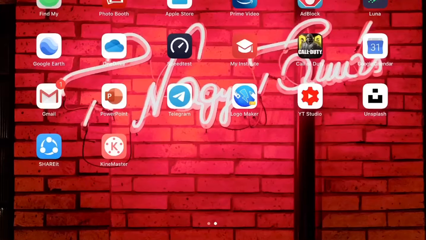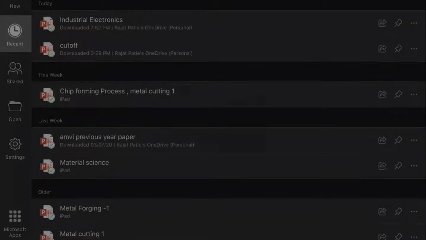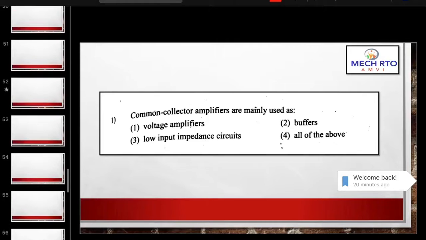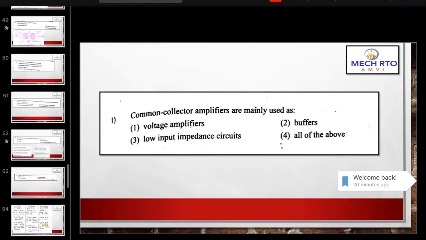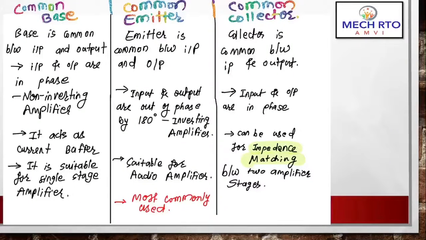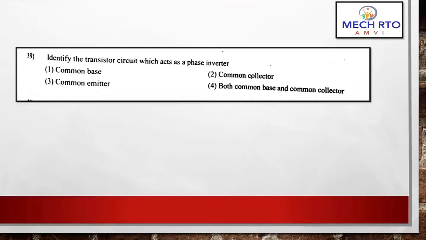So as you can see here, the question is identify the transistor circuit which acts as a phase inverter, right? Options are common base, common emitter, common collector, both common base and common collector. So here the correct answer is common emitter.